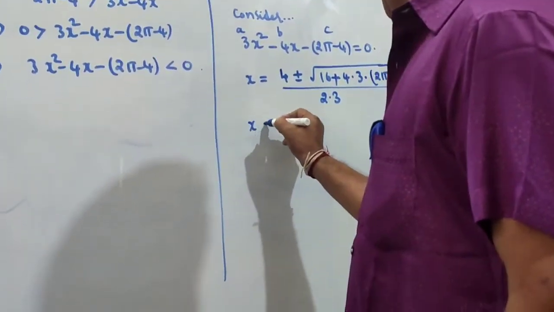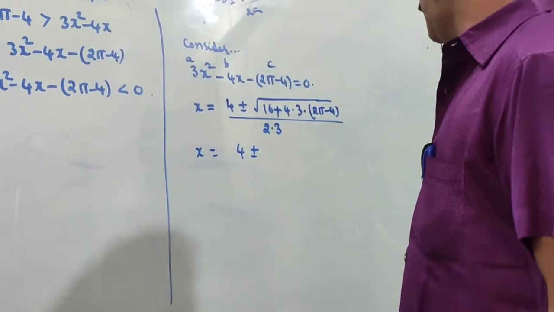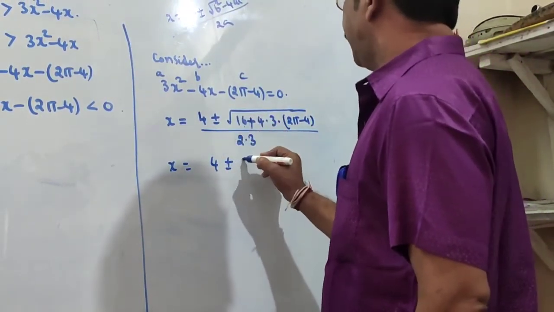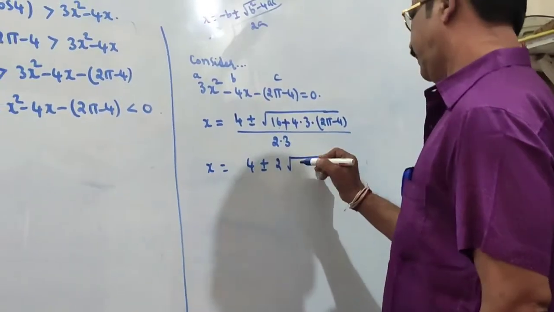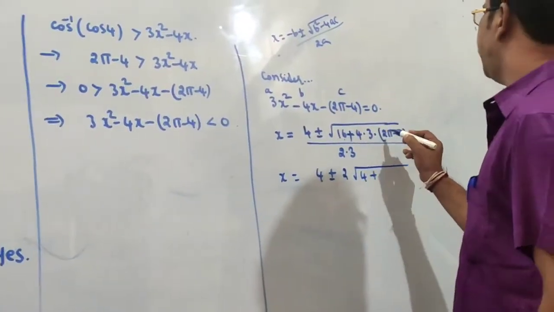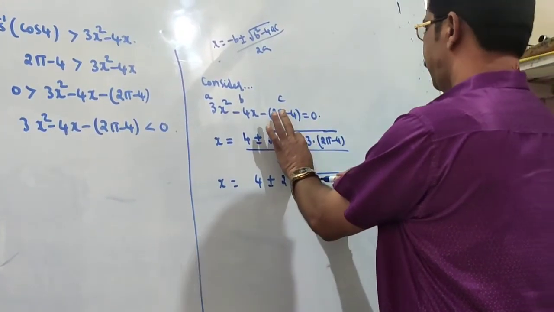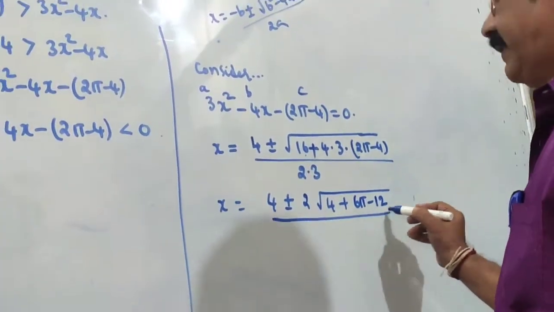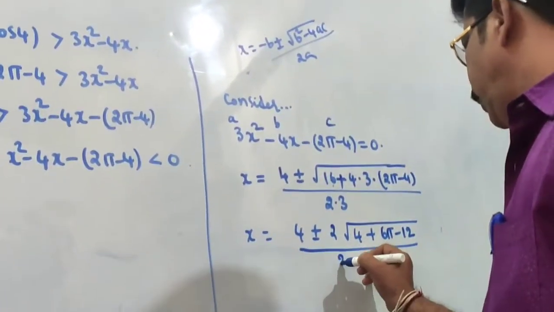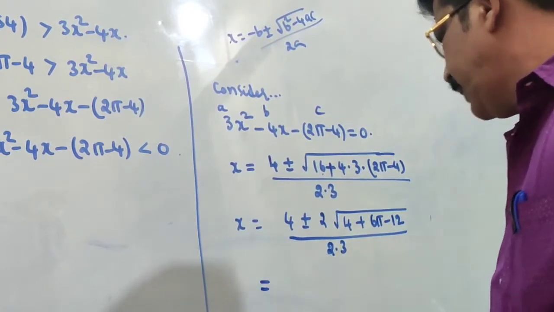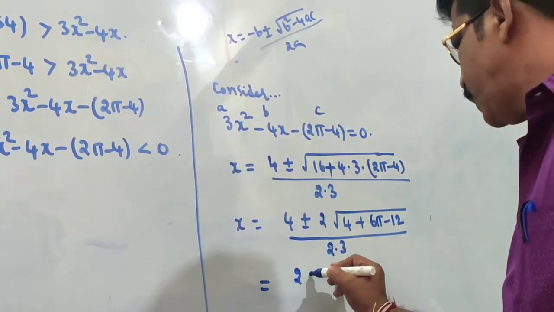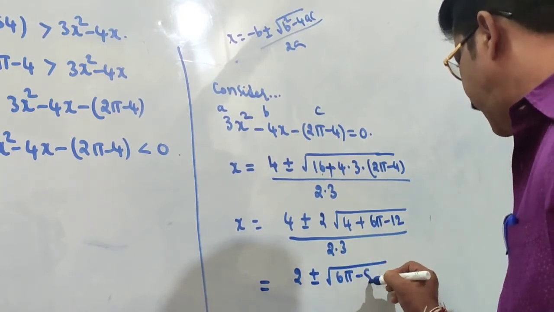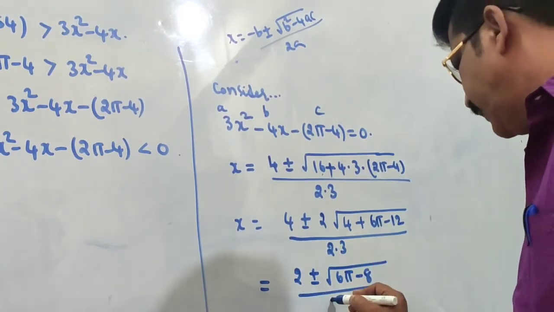So x equals 4 plus or minus, here we can take 4 common, out of the root it is 2 into square root of 4 plus 3 into, 6 pi minus 12, divided by 2 into 3. Dividing by 2, it remains 2 plus or minus square root of 6 pi minus 8 divided by 3.